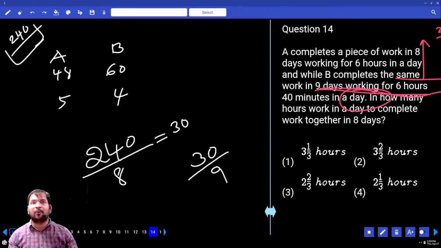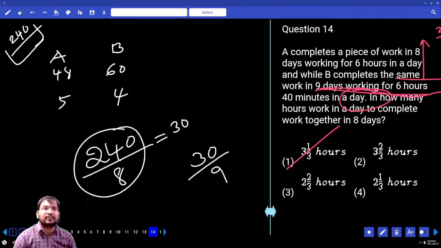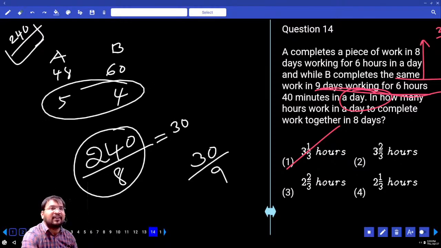Then 30 units in how many hours? 9 threes are 27, remainder is 3, and 3 by 9 is 1 by 3. So total 240 units in 8 days, 1 day is 30 units, together 1 hour work is 9. Then 30 units take 3 1 by 3 hours. Are you clear? I am converting all those values into hours. Some are days, some are hours, so I am converting the entire units into hours. Are you ready?